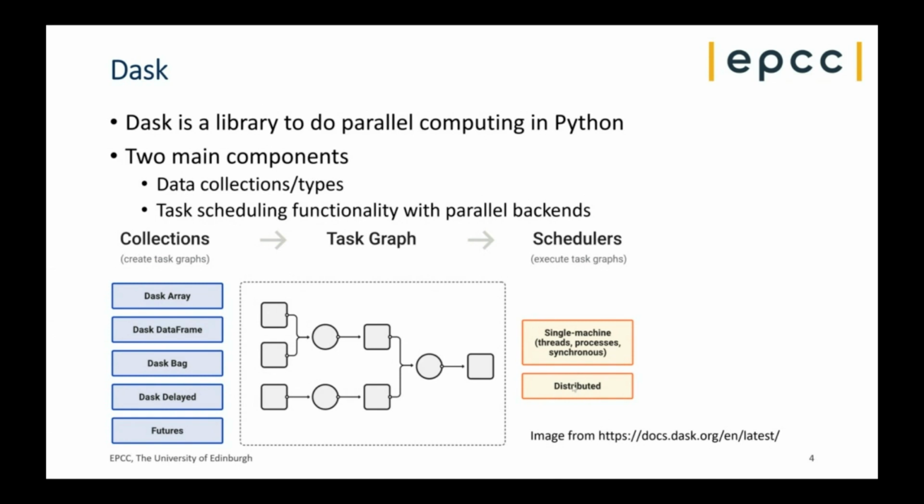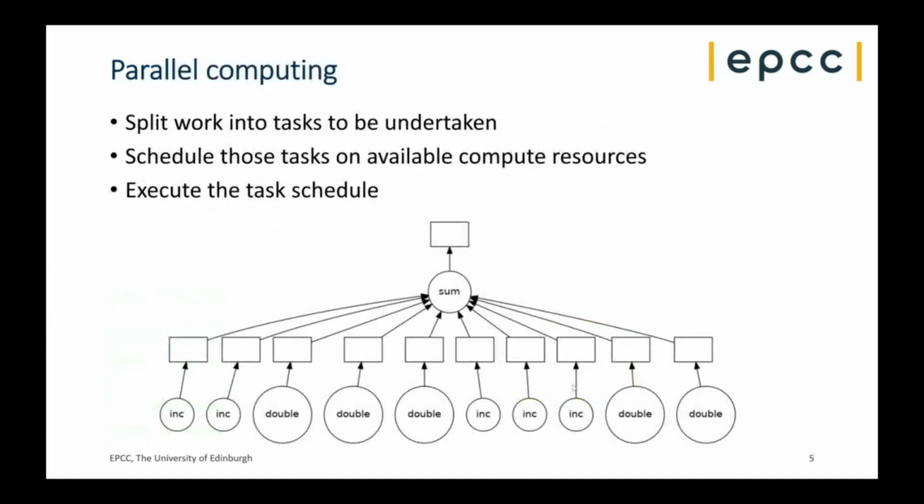It can run it on a single node in a shared memory like manner, or it can run it across as many nodes as you have access to. And it will deal with that for you. So as I say, what Dask fundamentally does is it builds a task graph, splits the work up, schedules that work on available compute resources, and then executes that work for you.